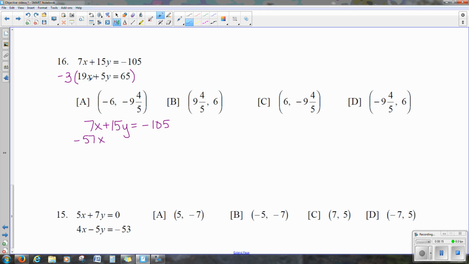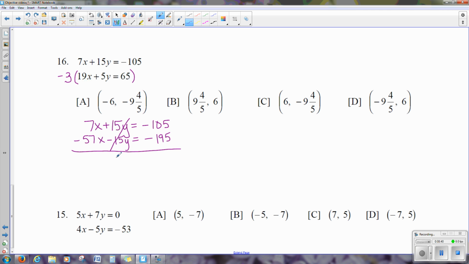That's a nice number. And then negative 15y. Remember that was our goal there. And now negative 3 times 65 will be negative 195. I know they're not the prettiest numbers in the world, but they will work.